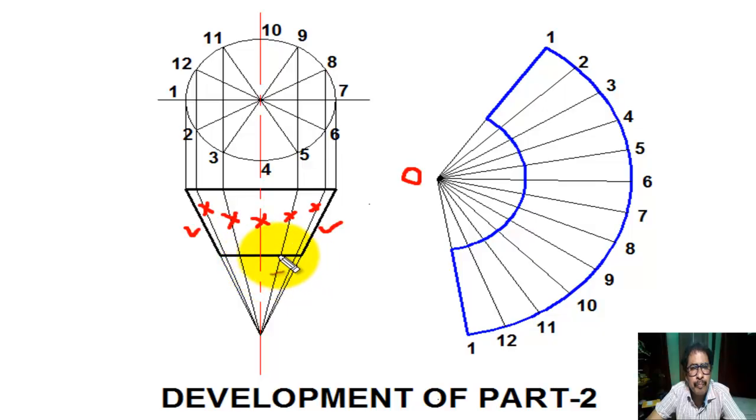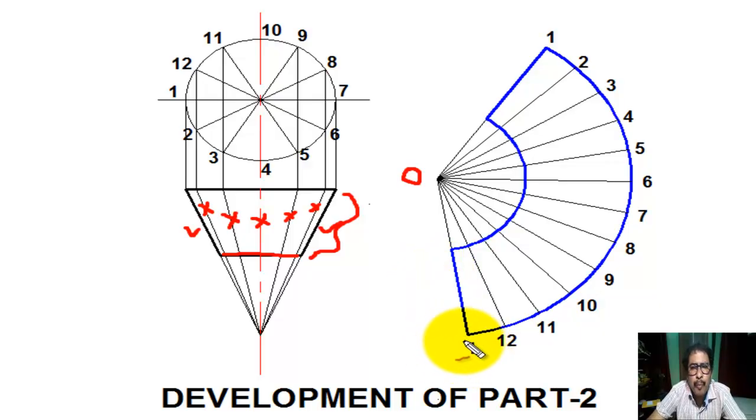From this point and this point we draw a horizontal line. This is the true length of all generators. So all these generators' true length is this length. This is the true length.